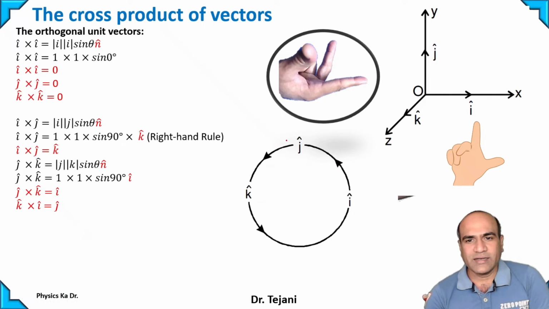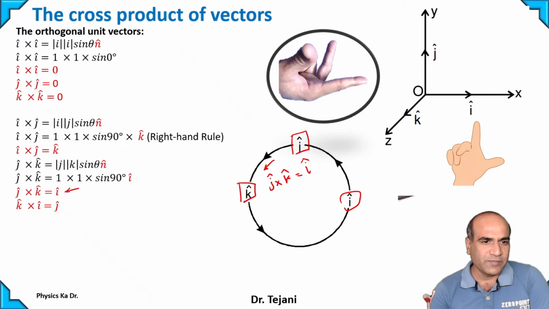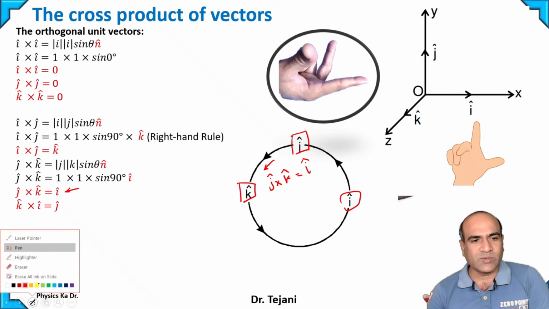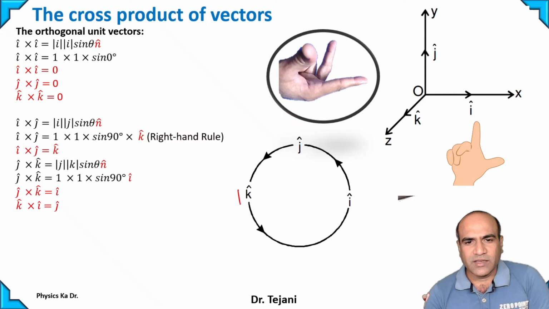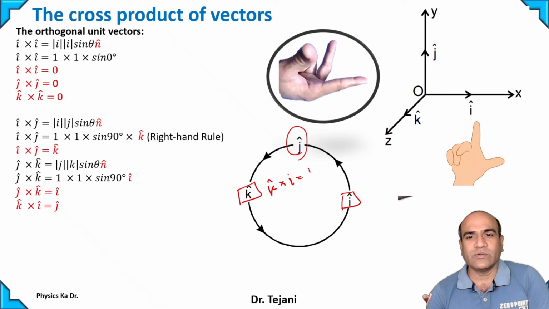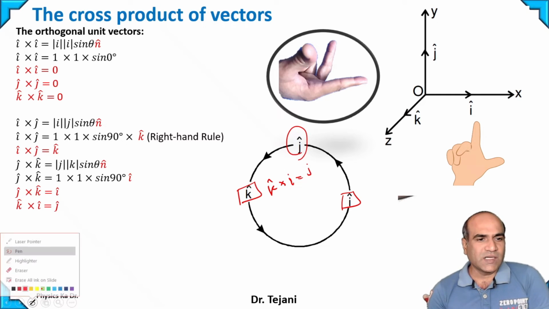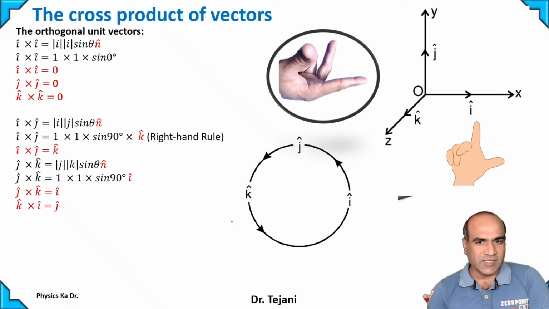For the next one, if you move from j to k in the same direction, meaning j cross k, first j is coming and second k is coming, right? So the next becomes i cap. And for the third case, k cross i, first k, then i, is equal to j, right? So from this circle, we can identify solutions easily.